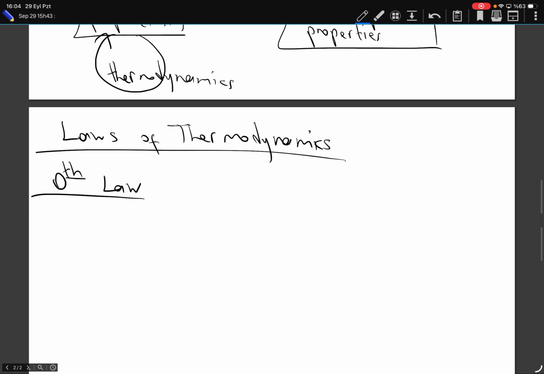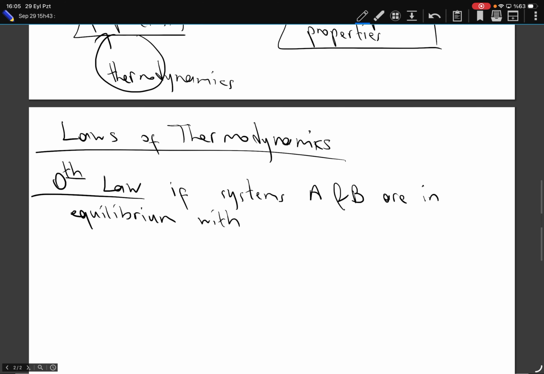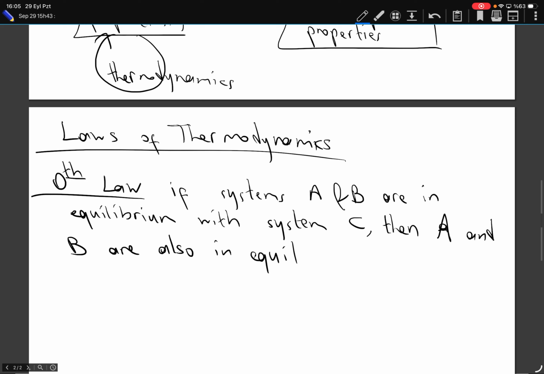So what the Zeroth law tells us is that if system A and B are in equilibrium with system C, then A and B are also in equilibrium with each other.